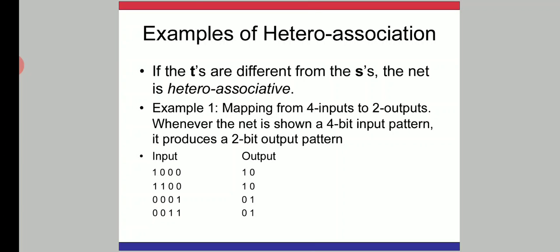Here are some examples. If my input is 4 digits and output is 2 digits, then obviously it is heteroassociative. There is some kind of mapping. So if I tell you 1000, you remember 10.